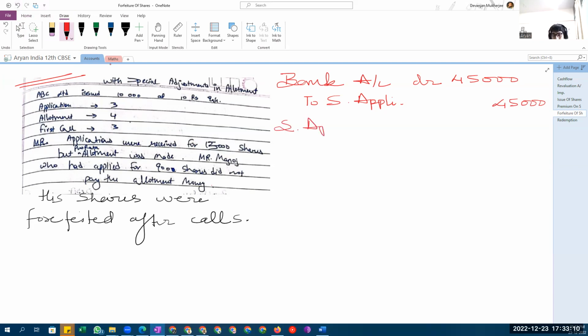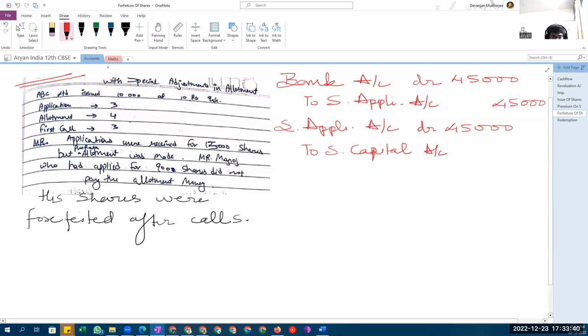Further, share application account debit 45,000 to share capital account 30,000, to share allotment account 15,000.